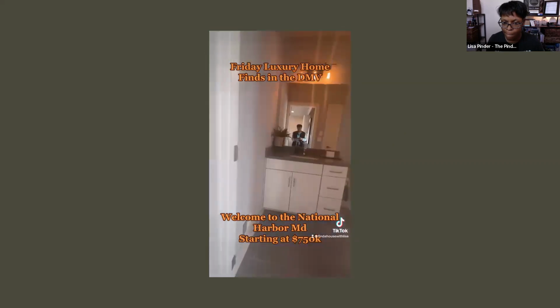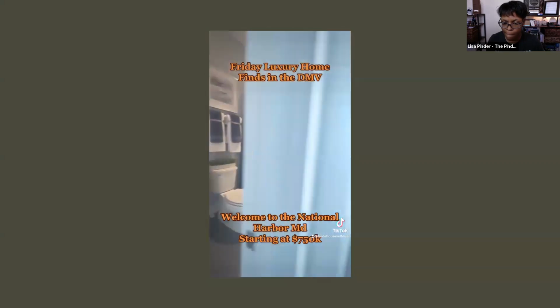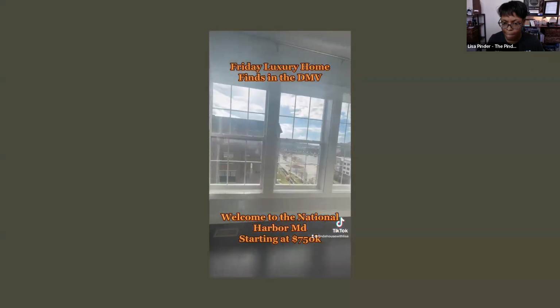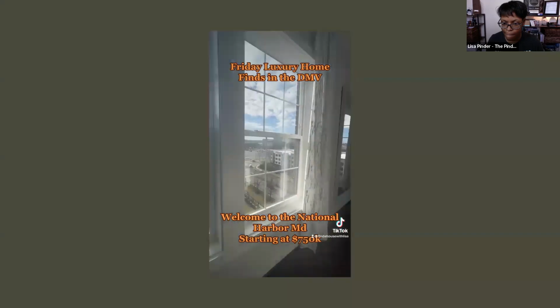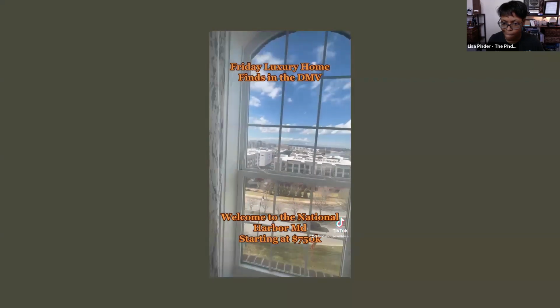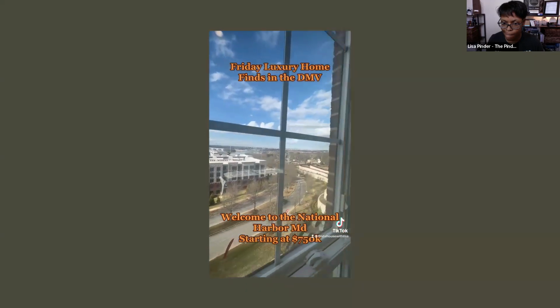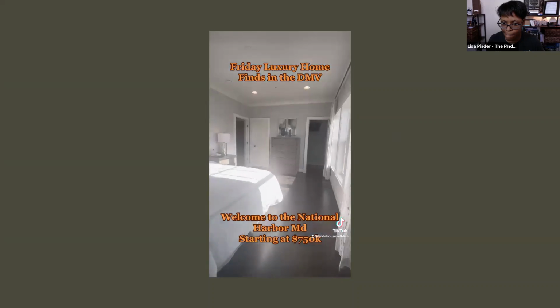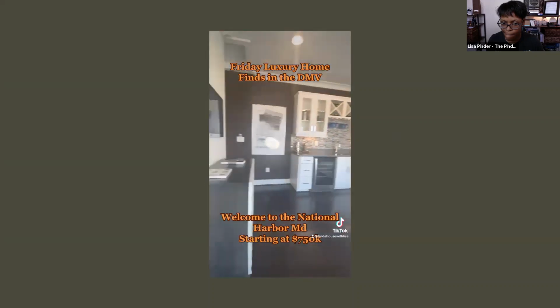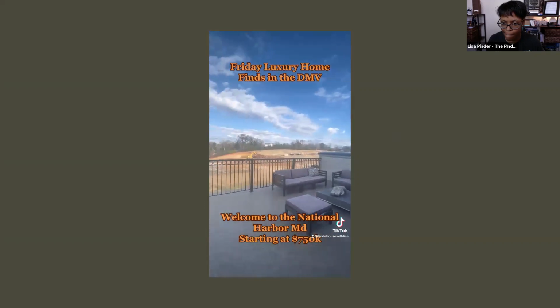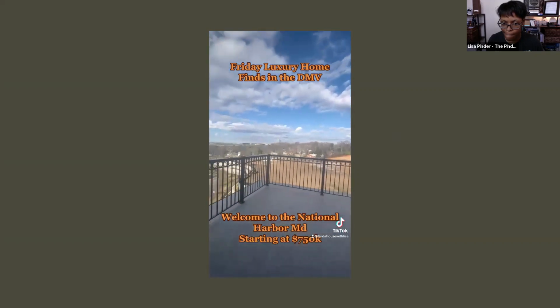Up on the next level, we find another full bath, a bedroom. Once again, the amazing views of the harbor here and the Potomac River. And another sitting area is featured in this upper level that leads to the outdoor terrace, where once again, you get another extension of the grand location.